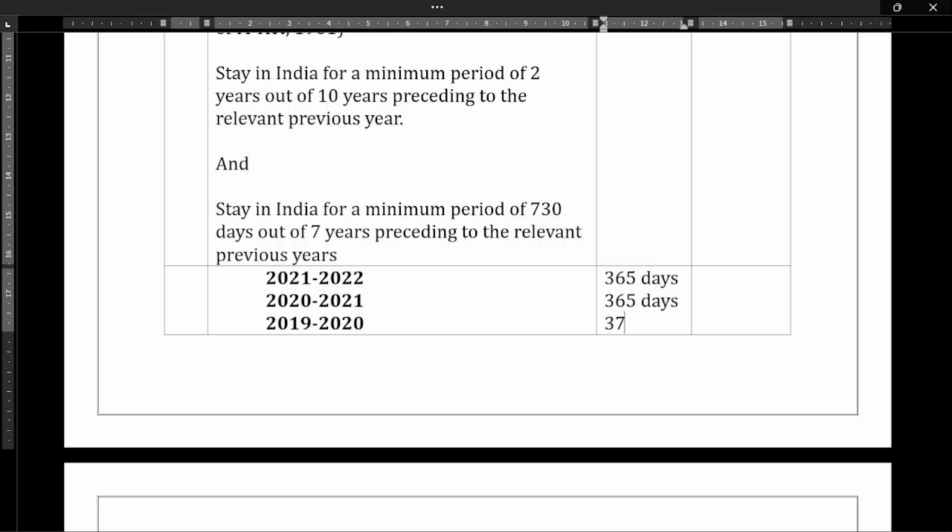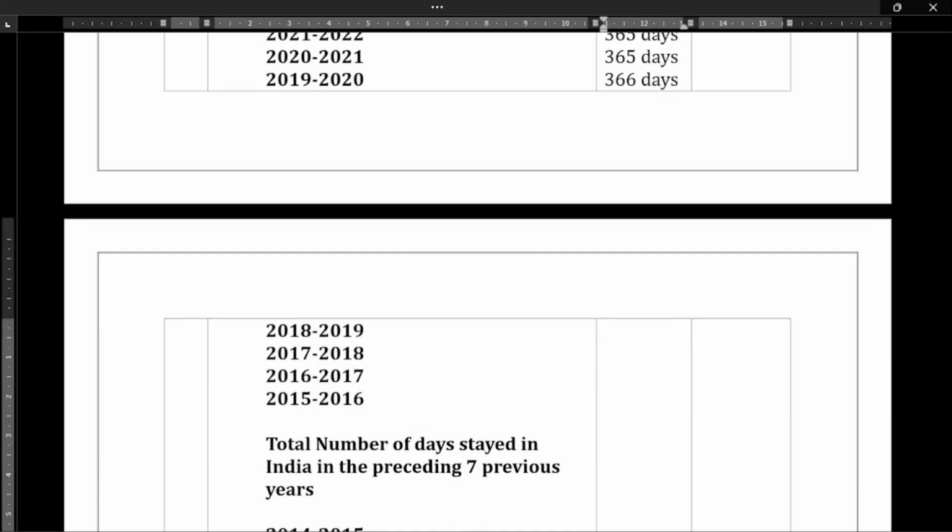2019-20 is a leap year, 366 days. Next, 2018-19 also he was there completely. 2017-18 also he was there completely. 2016-17 also he was there completely. 2015-16 is a leap year, so there also he was there completely.